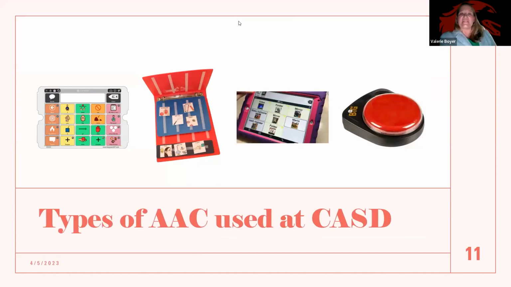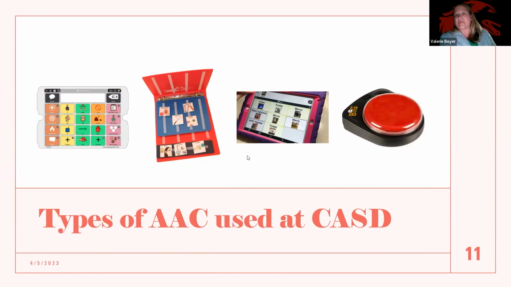We have a variety of types of AAC that we utilize at CASD, and we've been very grateful for funding sources like TAP that have helped us build an AAC lab out of CASD. We have low technology AAC systems like picture exchange communication systems, like the Big Mac system, which is the button that you see on this slide where you can record a single message with your voice.